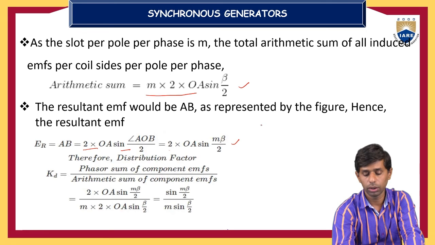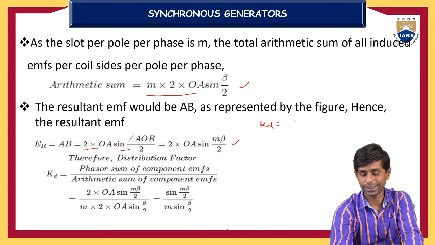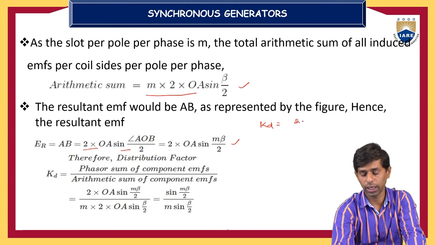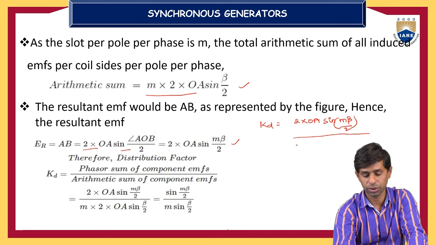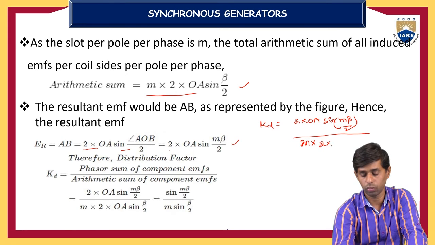Now we know KD is equal to the phasor sum of components, that is the resultant induced EMF when it is a distributed winding, 2 OA sine M beta by 2, divided by the arithmetic induced EMF when the winding is concentrated, that is M into 2 into OA sine beta by 2.